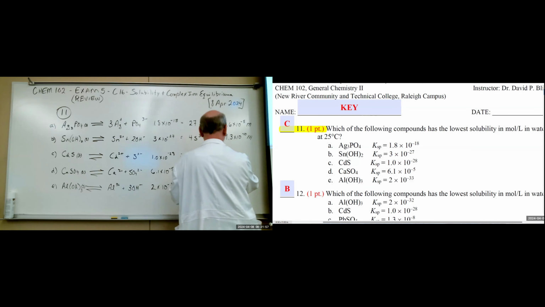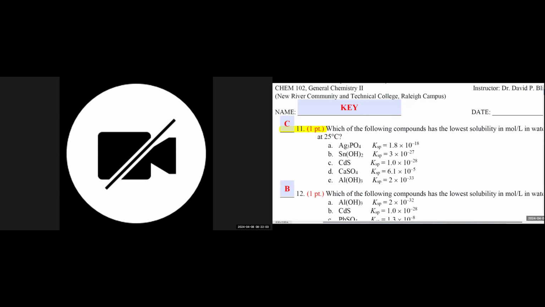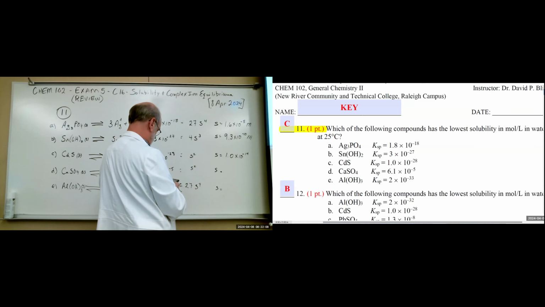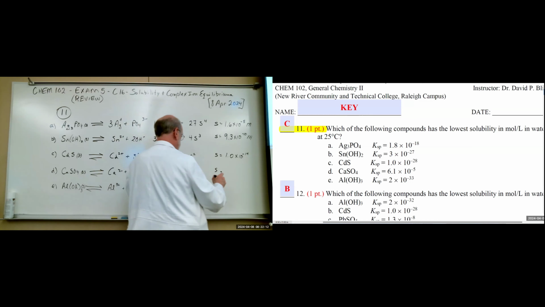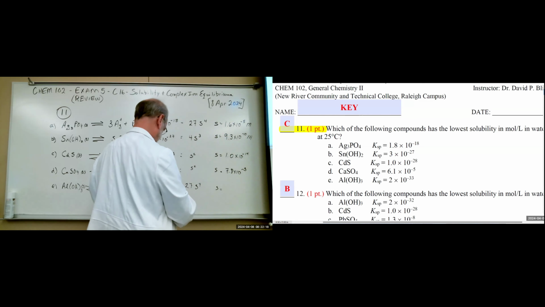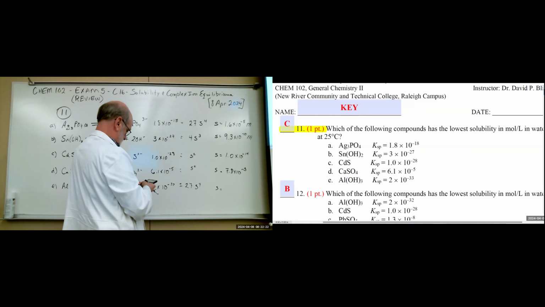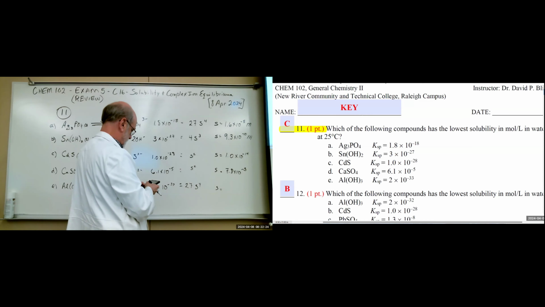Which is 1, I should have known that. 1 times 10 to the minus 14. And this one also is square root. 6.1 is 7.8 times 10 to the minus 3rd. And the last one is like the first one. 10 to the minus 33.